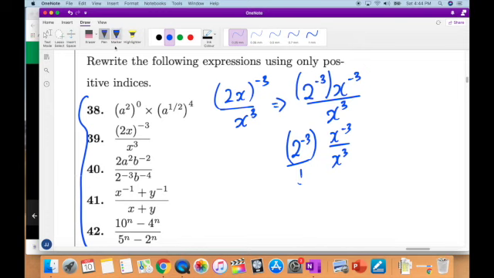So this is 2 to the power of negative 3 over 1 multiplied by this fraction. You multiply your numerators, you get this, and you multiply your denominators, you get this. Shazay, okay? Yes. So you could see here that this step was not an algebra rule.